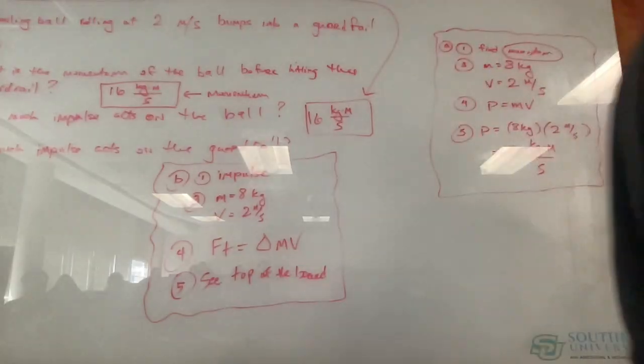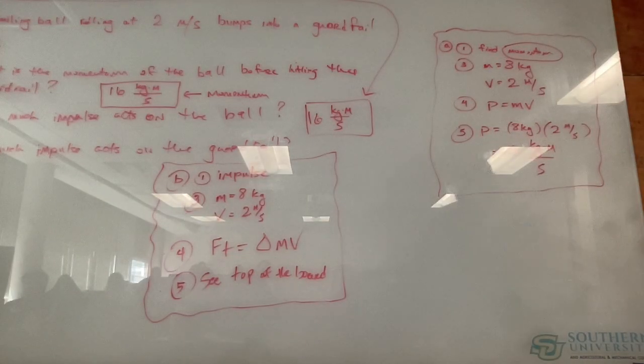So I got a ball, and it has a momentum. It's going towards the wall, kind of like me pushing on the wall, right? Remember how we talked about me pushing on the wall? And what's happening with me pushing on the wall? It's the same thing. So then what happens to the impulse that acts on the guardrail? What is it?